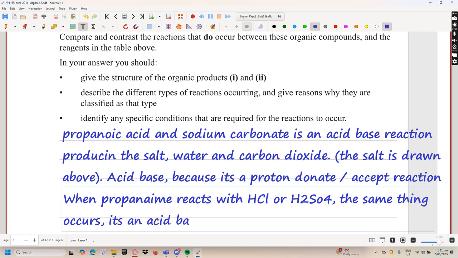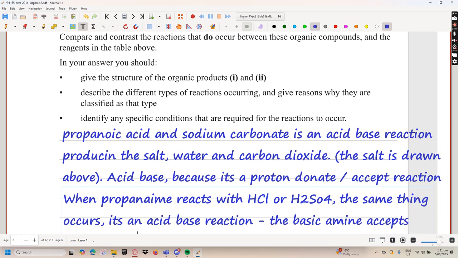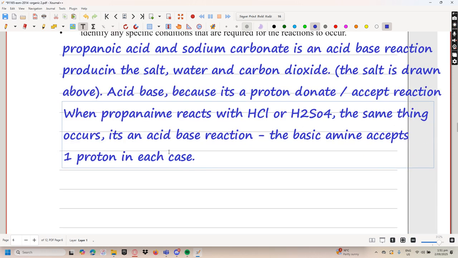It's an acid-base reaction. The basic amine accepts one proton in each case. That's the idea there. So HCl and H2SO4 are both donating one proton.